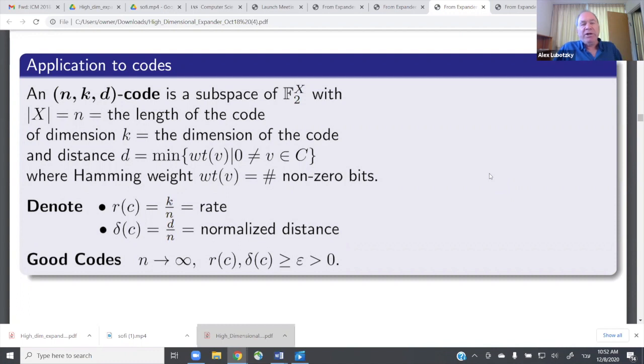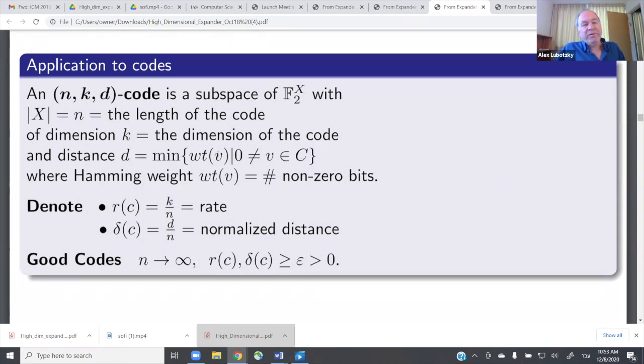I'm talking only about linear codes, in F_2^X, where X is of size n. This is the so-called length of the code. This is a subspace of dimension k, and the distance is d, which means this is the minimum of the Hamming weight of a non-zero vector in C. Right? This is the classical [n, k, d] codes.